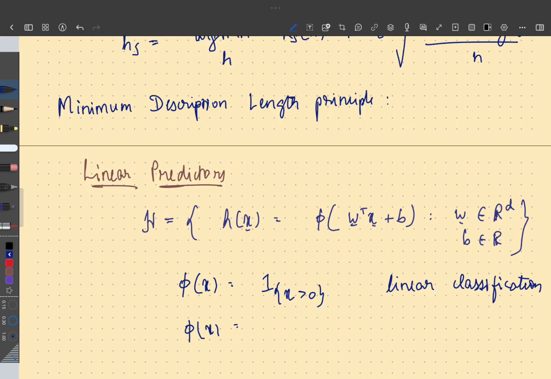If you take phi to be the identity function, then this is just linear regression.